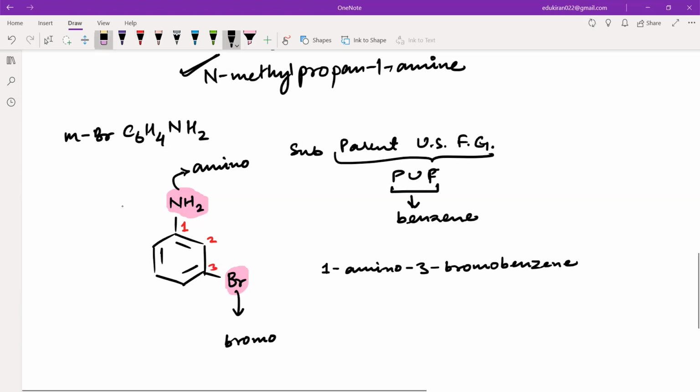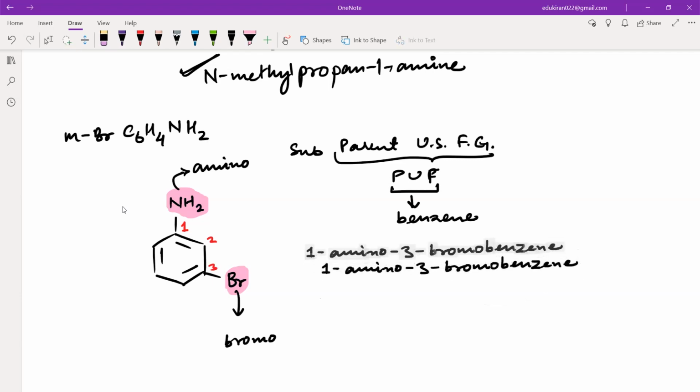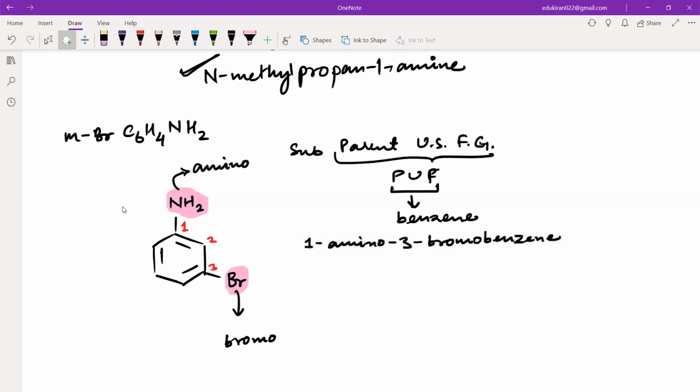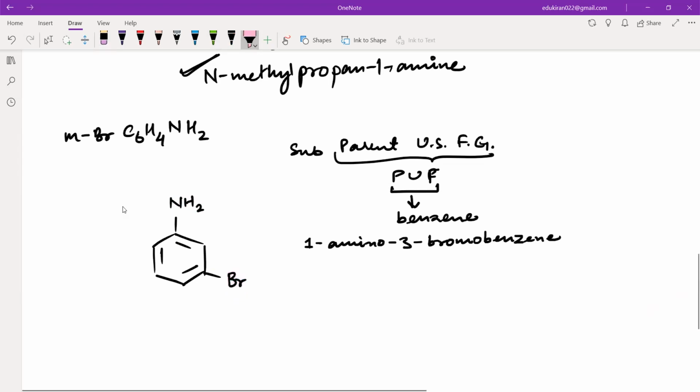Next is the other way of naming, which is also the preferred IUPAC naming, mostly used whenever you look at this type of molecule. It uses the benzene ring that is attached to NH2 as the basis for the naming.